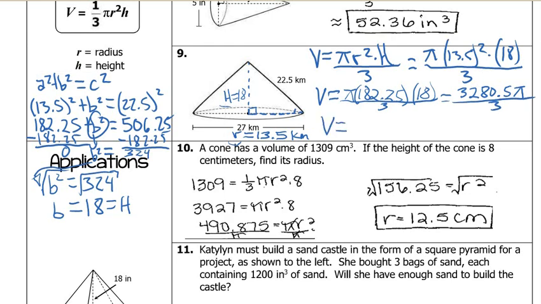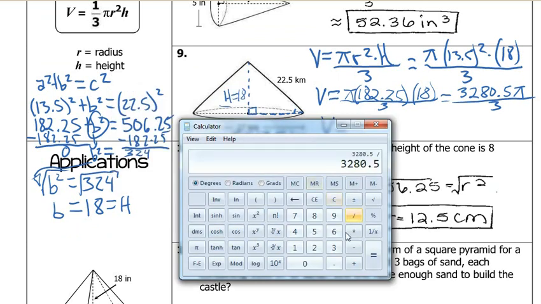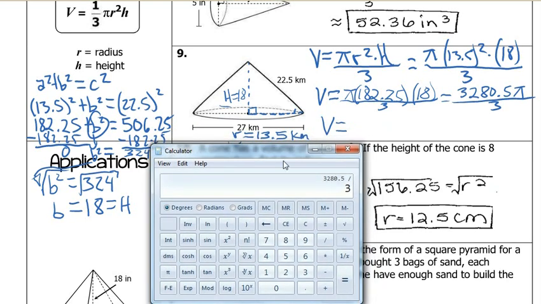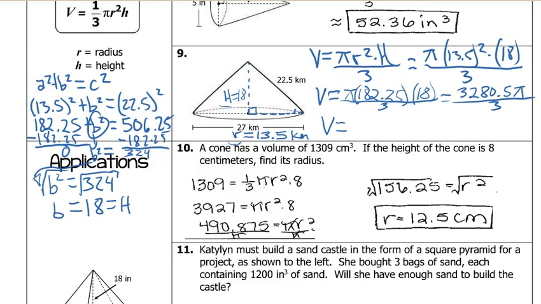So I have to divide that by 3 now. Divided by 3, it's gonna be what? 1093.5. So I have 1093.5 times pi. And now, to simplify it further, we multiply by pi.